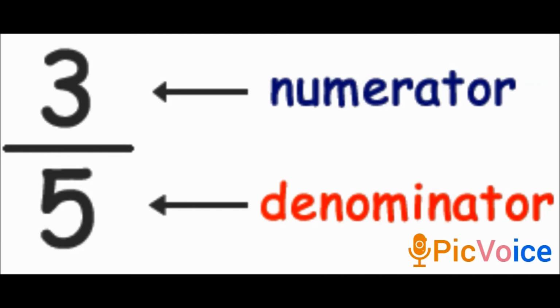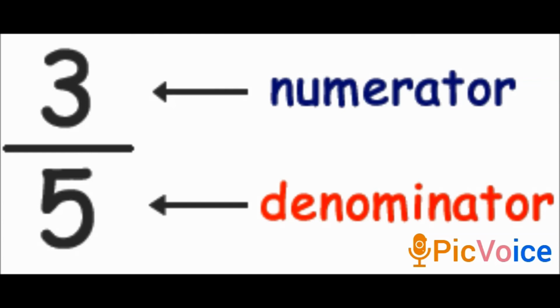Before seeing the types of fractions, let us see what is meant by numerator and denominator. The number above that bar is said to be the numerator and the number below that bar is said to be the denominator. See here, 3 by 5. You have to read this fraction as 3 by 5.